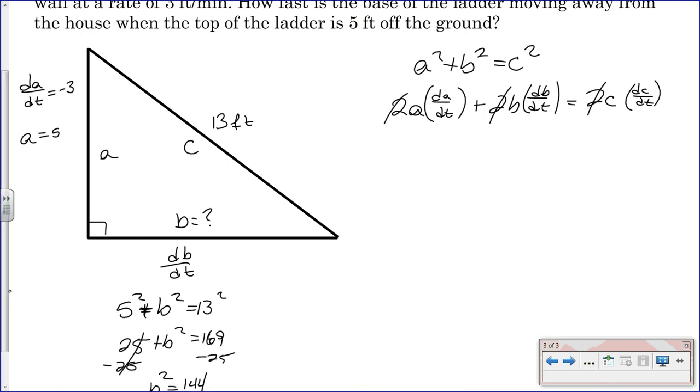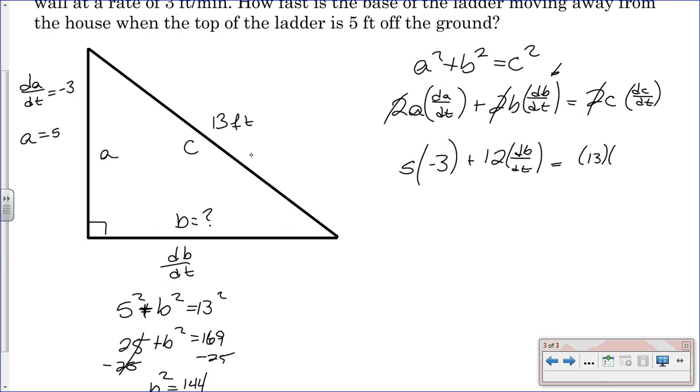Now we can plug back up into here, and we're solving for dB dt. A is 5, because that's what we're looking for when the ladder is 5 feet off the ground. dA dt is negative 3, because it's falling at 3 feet a minute. Plus b, which is 12, times dB dt, which we don't know, equals c, which is 13, times dc dt.